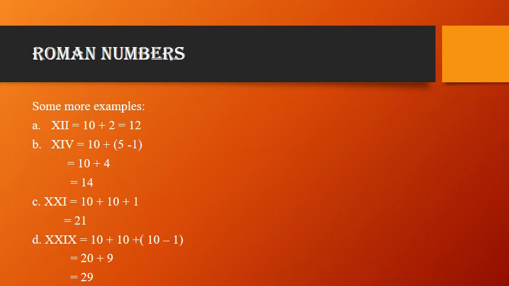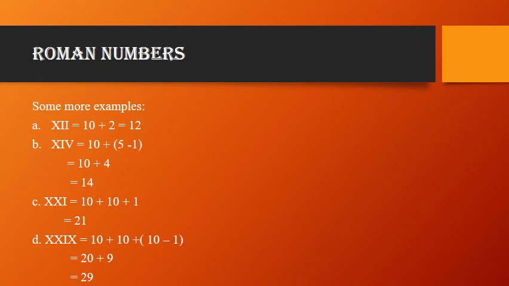Because if you all can see X, I and V, children, here I is smaller than V and it is written before V. As per our rule D, whenever the smaller symbol is written before the greater symbol, we do subtraction. So children, here I is written before the greater symbol V. That is the reason we are doing subtraction.